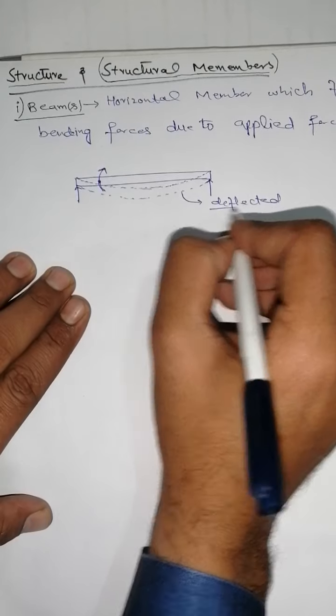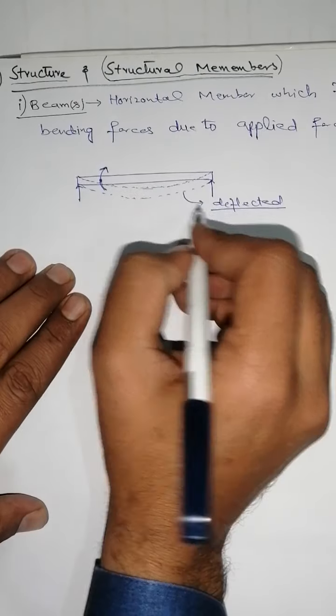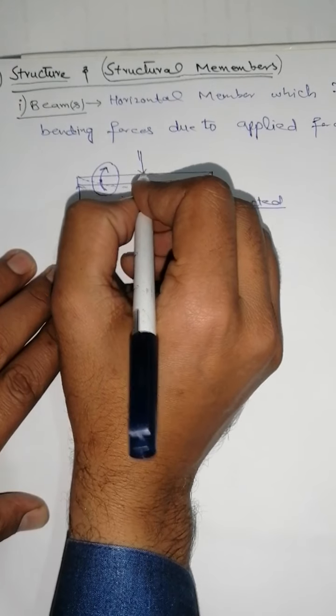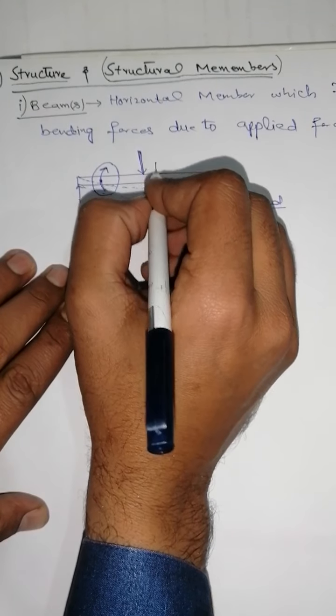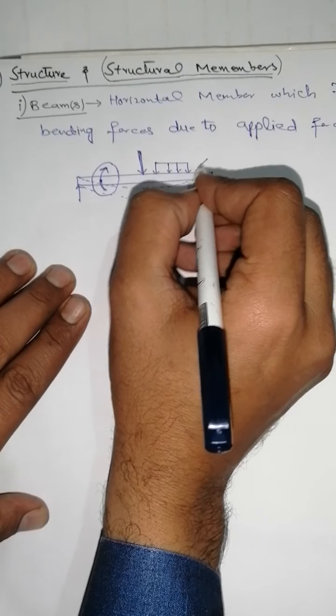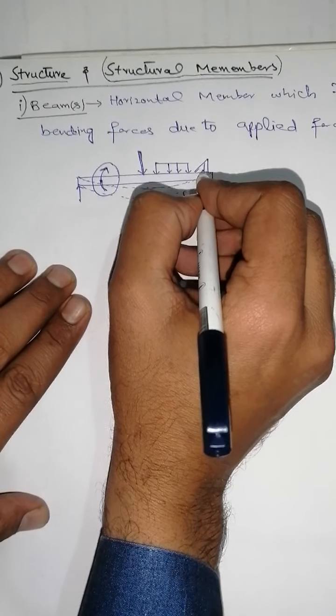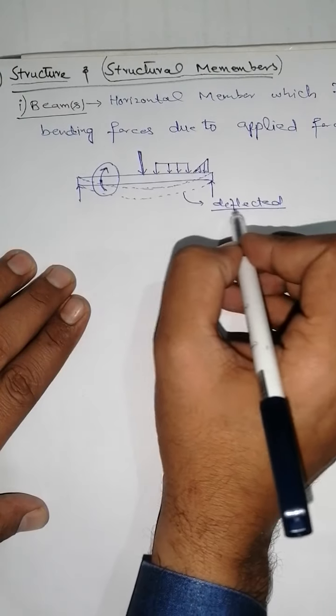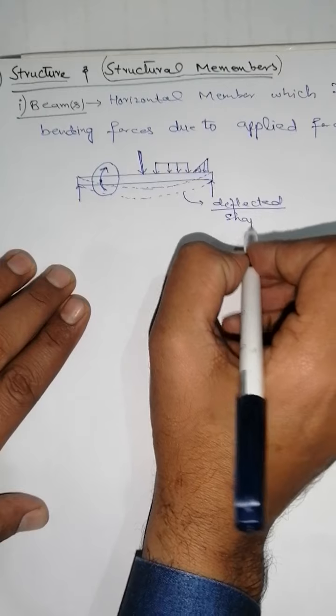Why is this deflected shape of the beam obtained? Because of the applied moment or any applied force. This may be a concentrated load, a uniformly distributed load, a triangular loading, any type of loading which may act on a structure, then this beam will deflect and there will be a deflected shape for the beam.